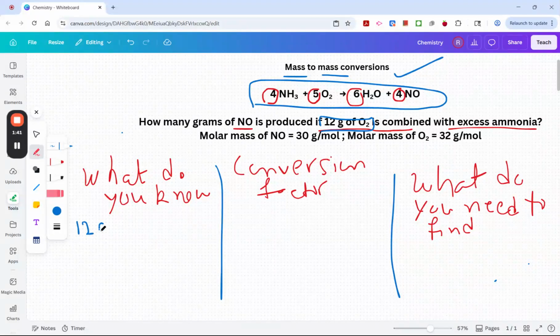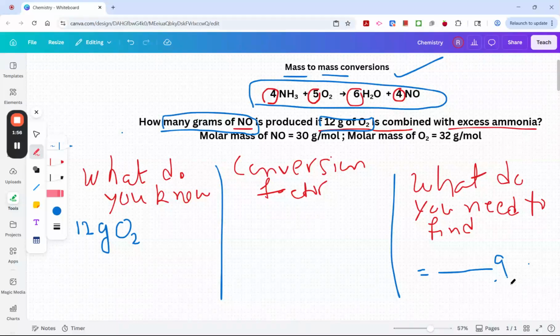What do you want to find? How many grams of nitric oxide? It means I need nitric oxide in terms of grams. So the conversion factor will circle around oxygen and nitric oxide.